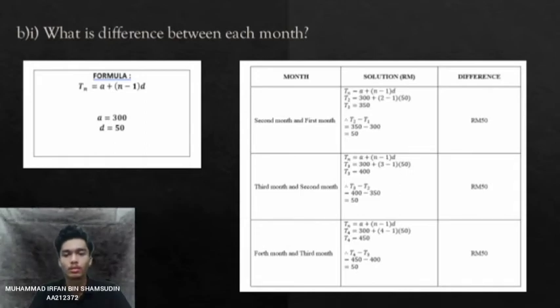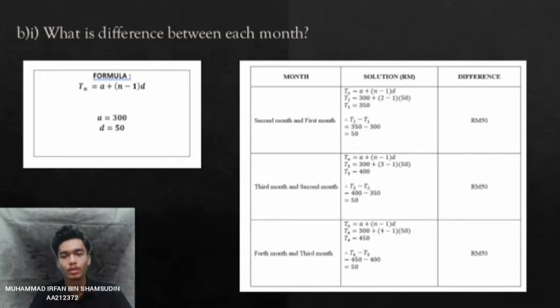Next, we need to get the third month value. It is just the same as the second month. We put the information into the formula. So T3 equals 300 plus bracket 3 minus 1 multiplied by 50.